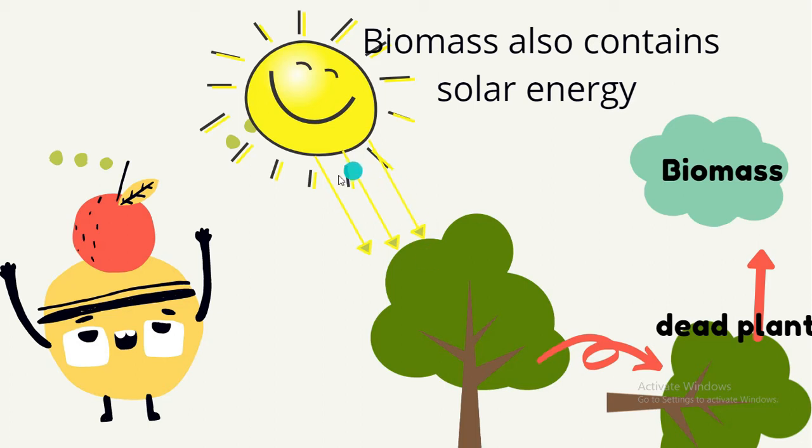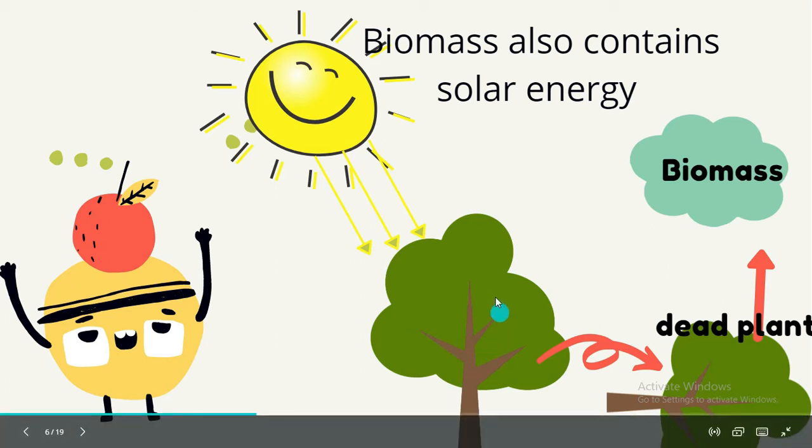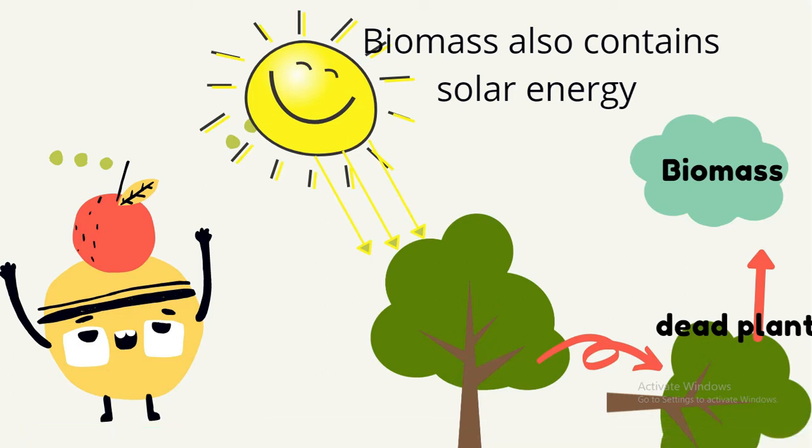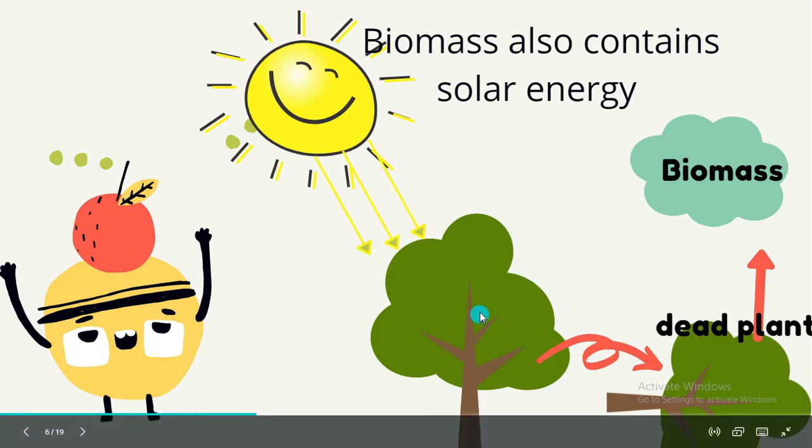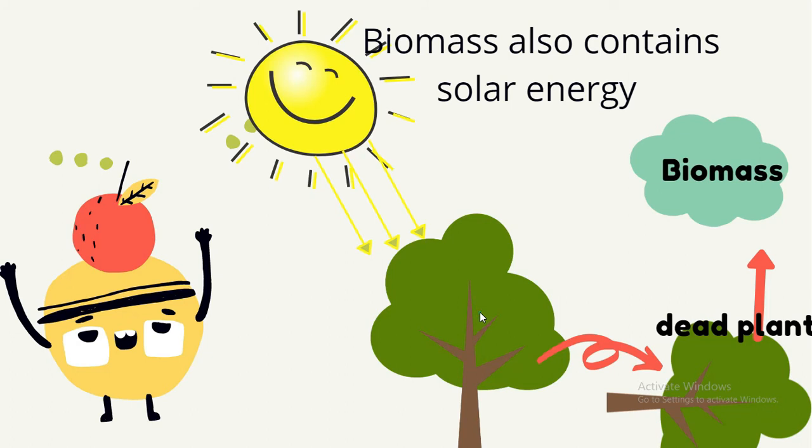The plant absorbs solar energy and uses water and carbon dioxide and produces food. After the plant dies, this dead plant can be used as biomass. Okay, children?